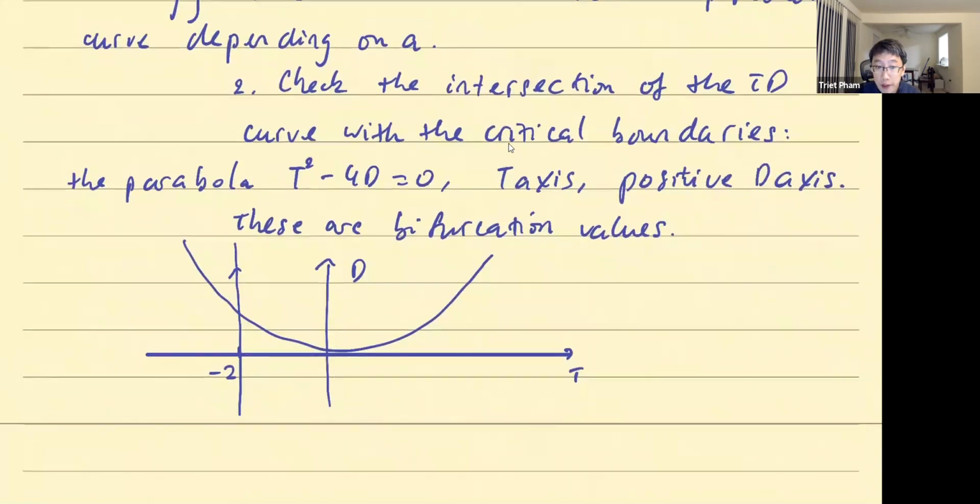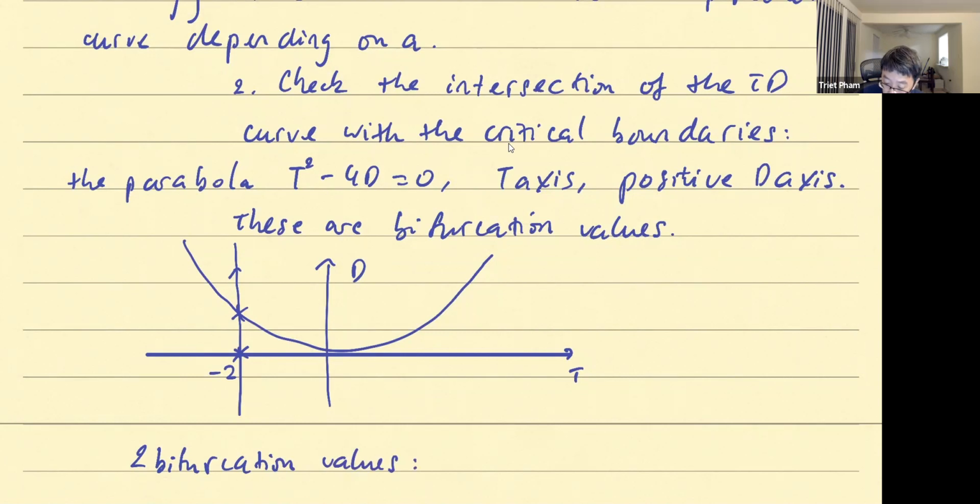And so how many bifurcation values do you see? One, two. There are 2 bifurcation values.